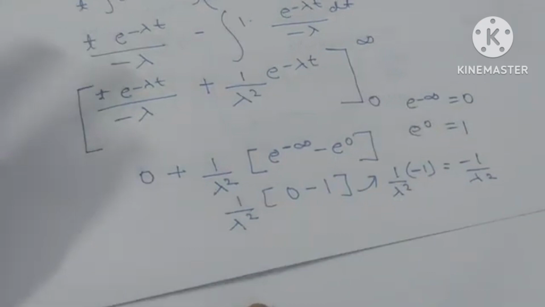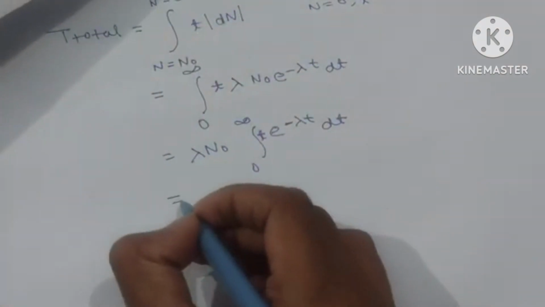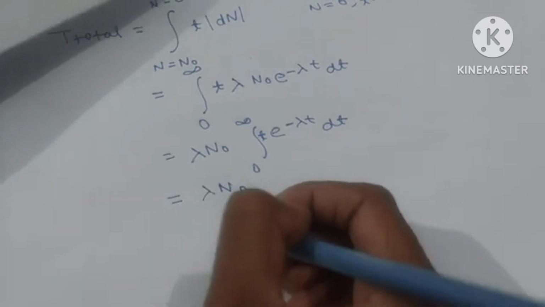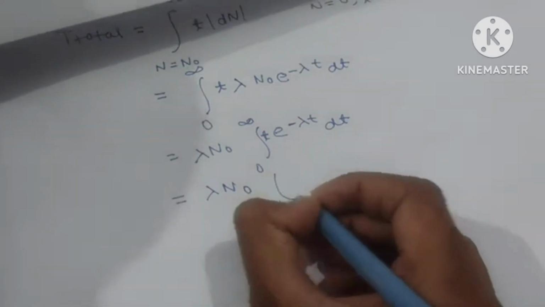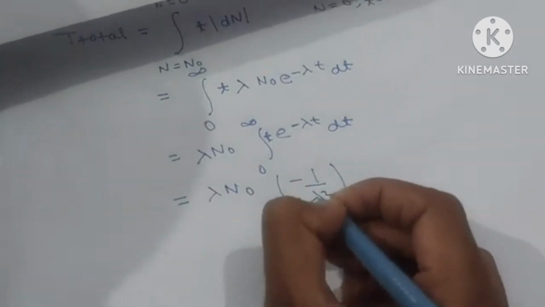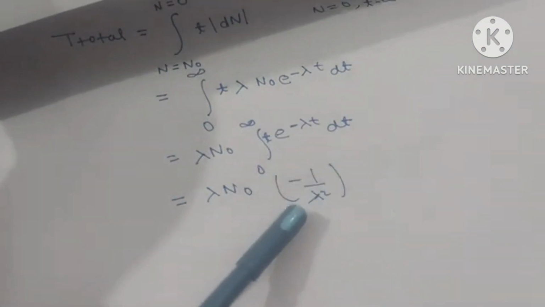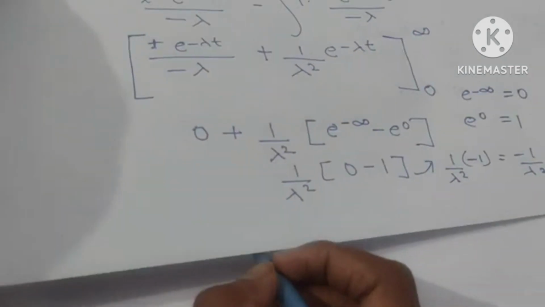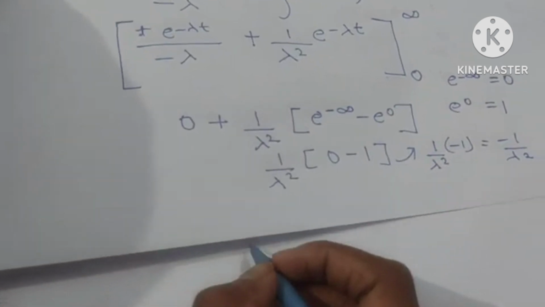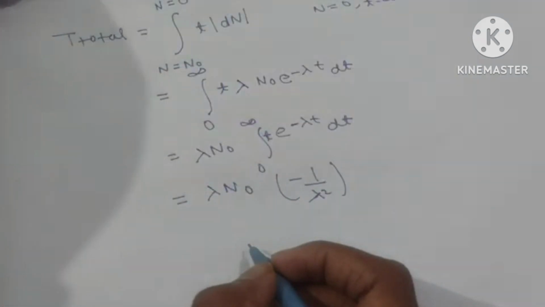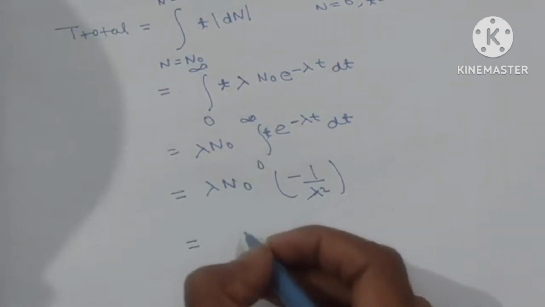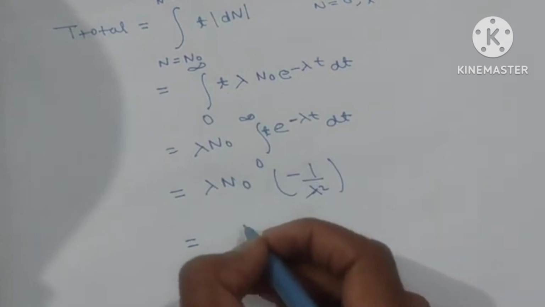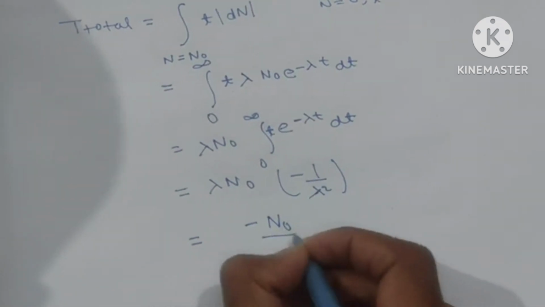Okay, so we'll have the integration. Now we'll put the integration value here. So it will be half lambda square, 1 by lambda square. Okay, so now we'll have minus lambda not by lambda.